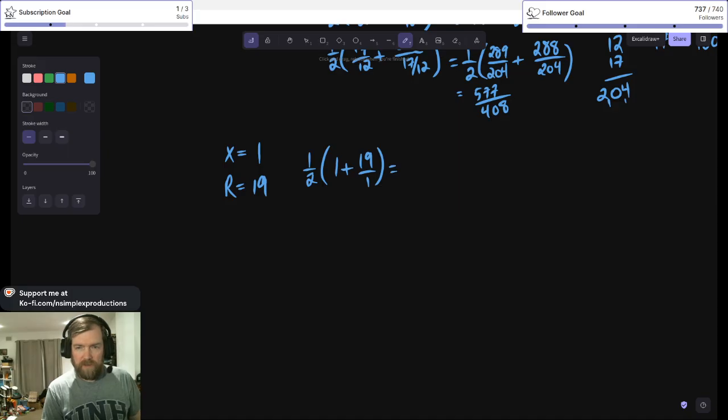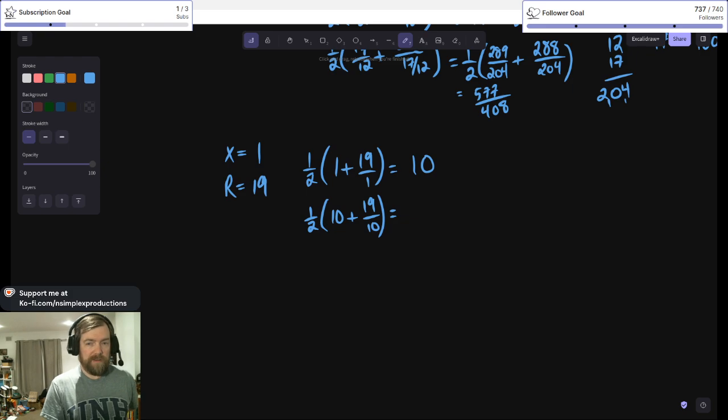It's going to get 20. Half is going to be 10. Very poor estimate for this particular square root, but naturally, we're going to say this is going to be 1/2 10 plus 19 over 10. It's going to be 11.9 over 2.